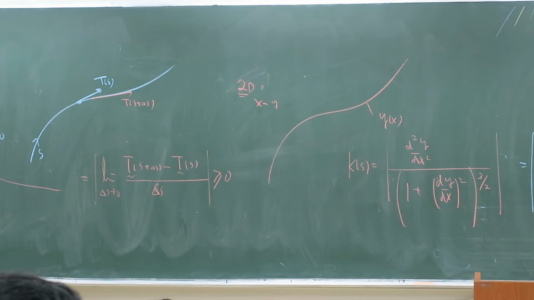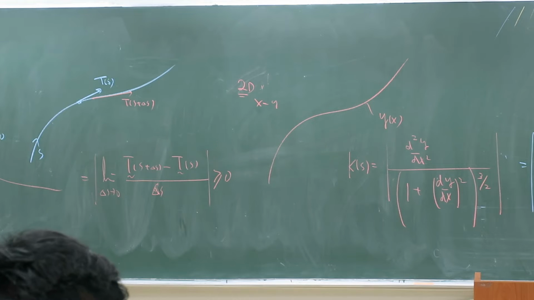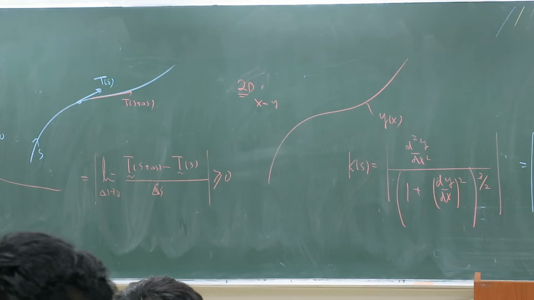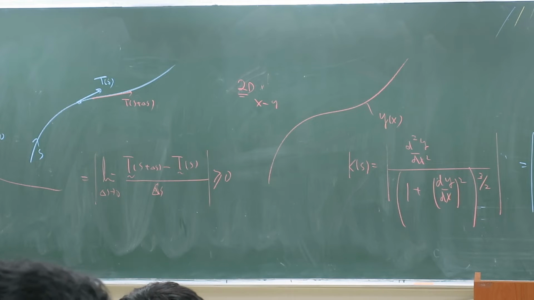And the moment about the y-axis: we have a moment dm created by sigma x at z with the dA area times the moment arm. So this is force times moment arm, related to the y-axis. And I integrate dm to get M, the integral of sigma x dA times z.